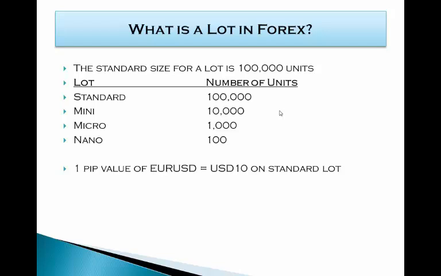Next in line is the mini account, where one lot represents 10,000 worth of currency. Then the micro, where one lot represents 1,000 worth of currency. The smallest one is the nano, where one lot is equivalent to 100 worth of currency.